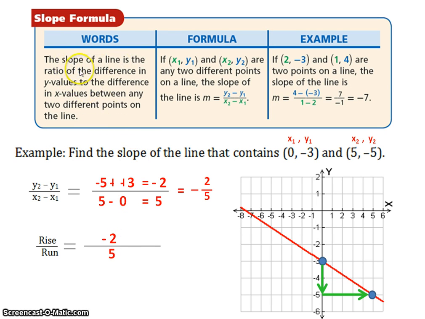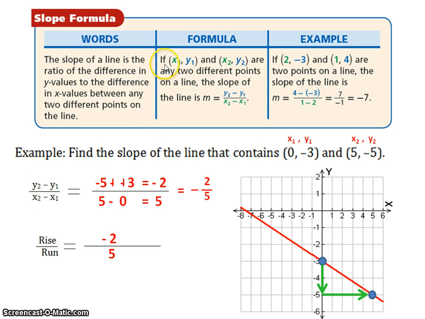The slope of the line is a ratio, a fraction of the difference we are subtracting. In the y values, we found the difference to the difference of the x values between any two different points on the line. So these words are describing what's happening here.